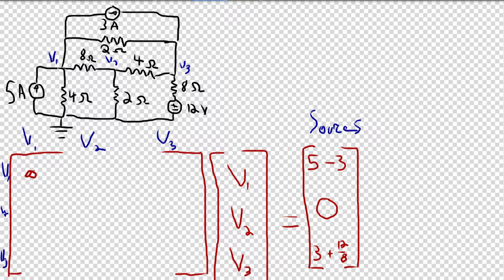And it's the sum of all the conductances hooked into node 1, which of course is, so the resistances are 4, 8, and 2. So the conductances will be a quarter plus an eighth plus a half.